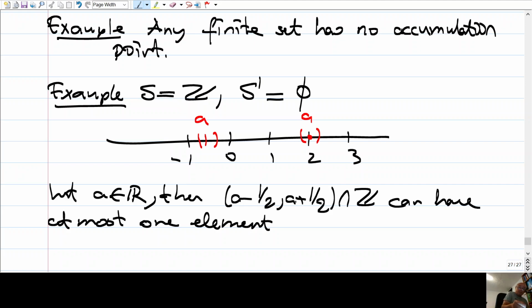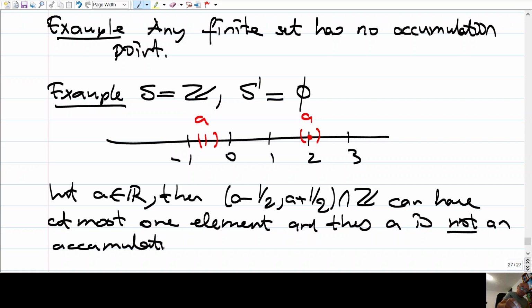So it cannot be infinite, and thus A is not an accumulation point. Hence, the derived set of Z is empty.